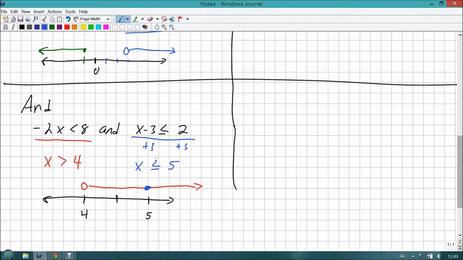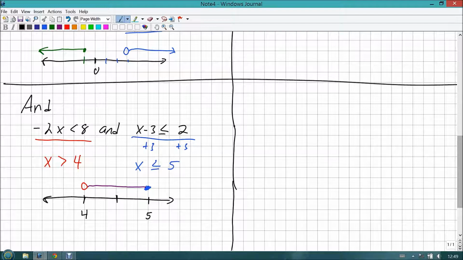Now it says x has to be less than 5. Well, 4 is less than 5, so I know I'm going to be going in that direction. Do we see any overlap? Indeed we do. We see the overlap between 4 and 5, so we would write our graph as a line segment between 4 and 5, where 5 has a solid dot and 4 has a circle.